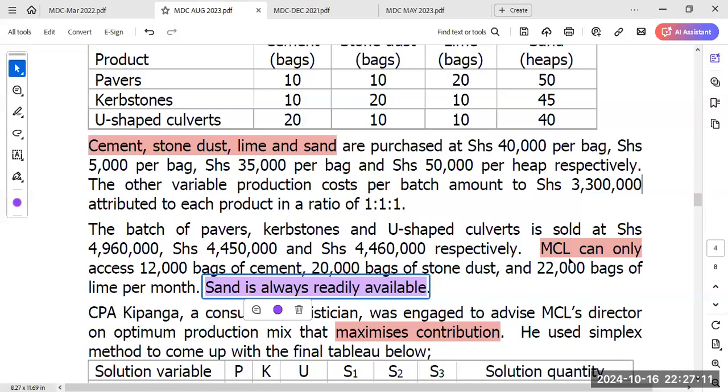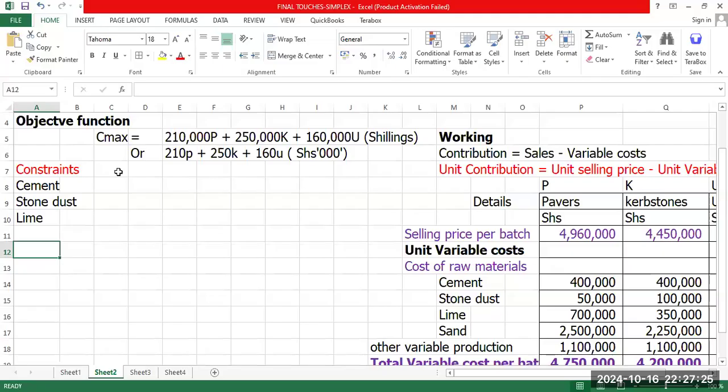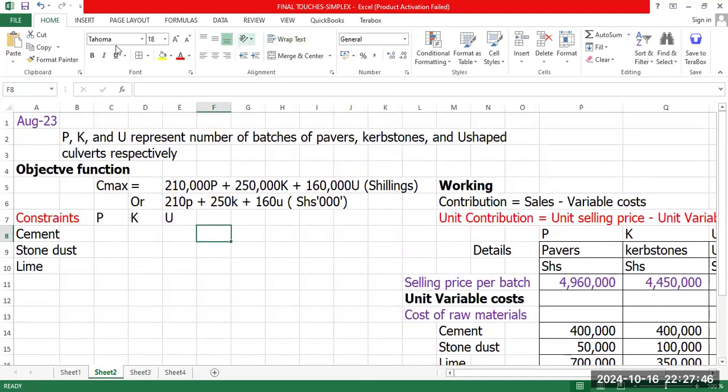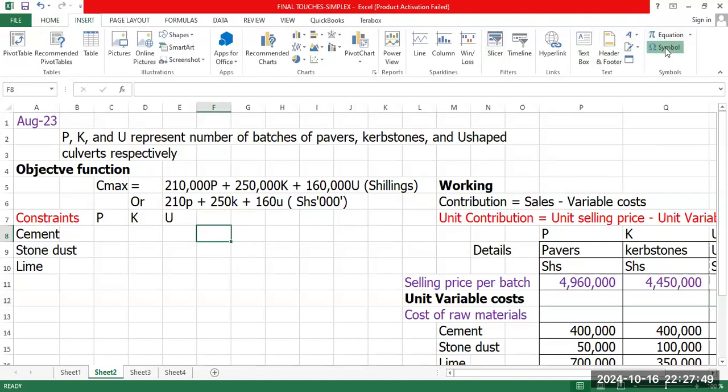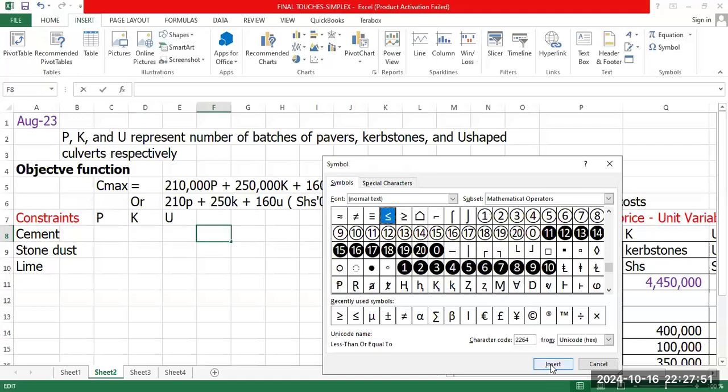It is not a limiting factor. And which inequality are we using? The company can only access this resource, so this is the only resource available. The sign you're going to use is less or equal to. So here you can put P, K, U. The constraint we are using is less or equal to.